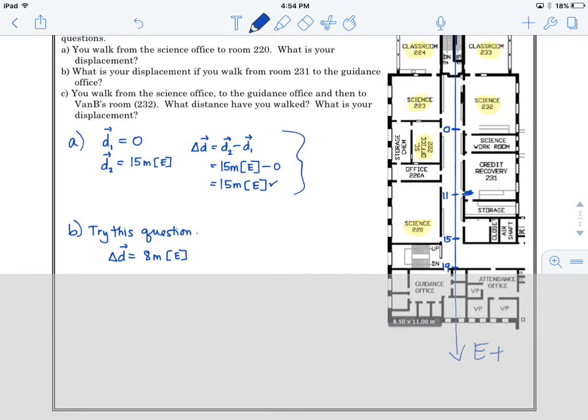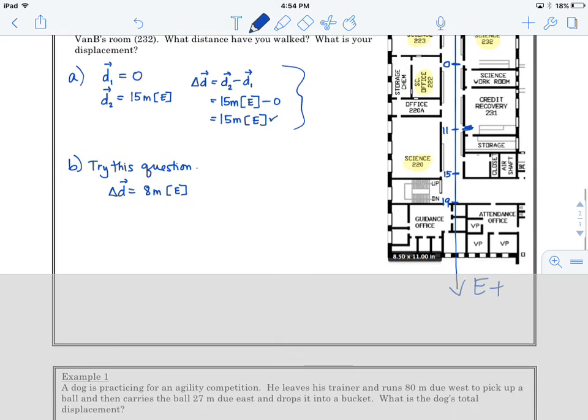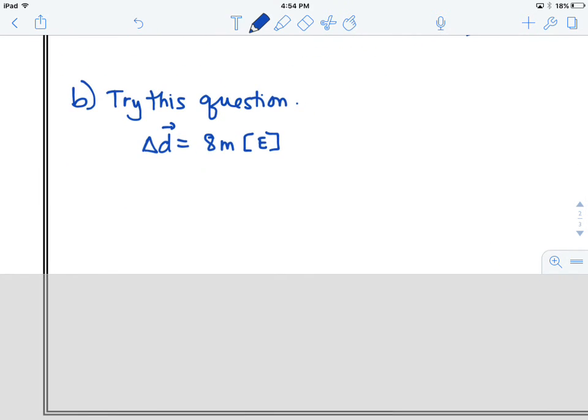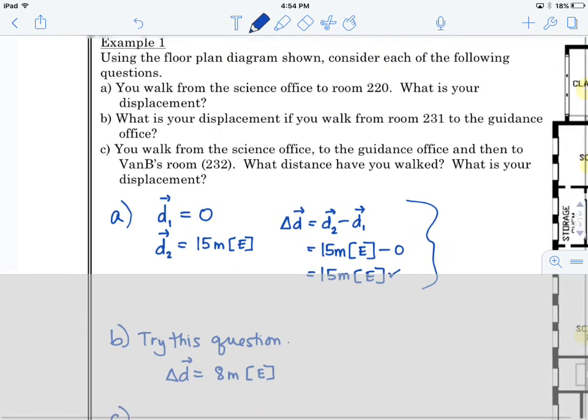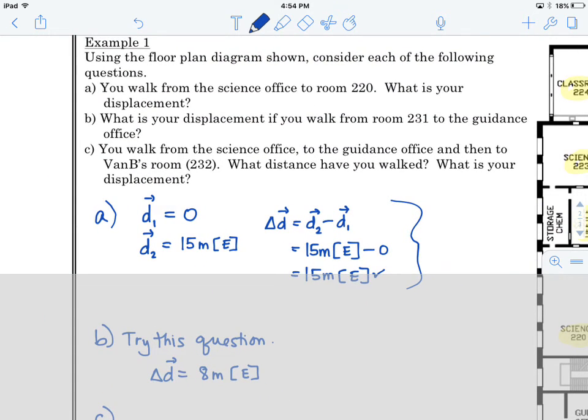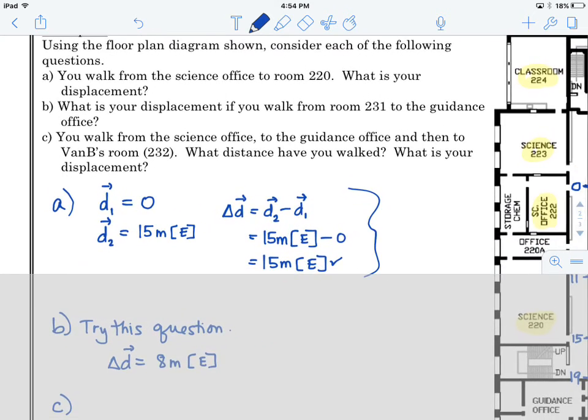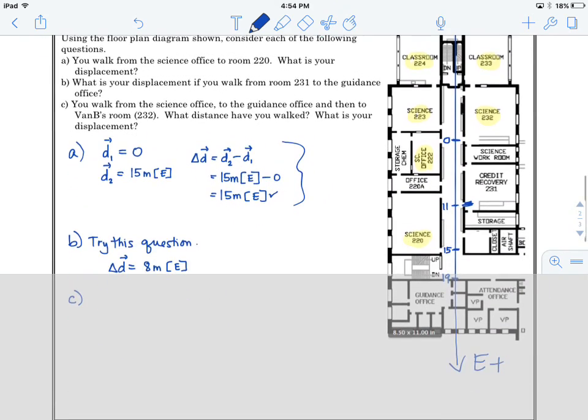Following this question as a template, try this. All right, and now we're going to do C, last but not least. So you walk from the science office to the guidance office and then to Van B's room. Okay, so you go from here.